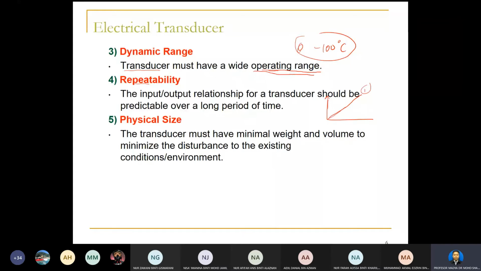So the output will be the same. That's why we need repeatability over a long period of time.